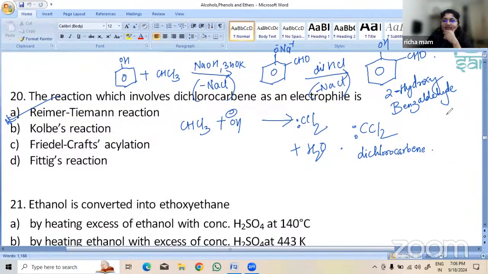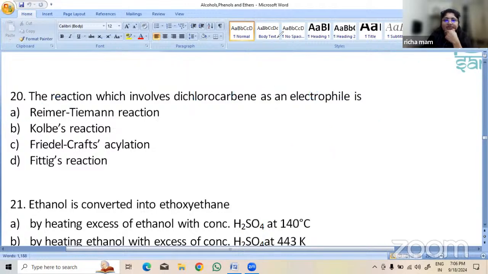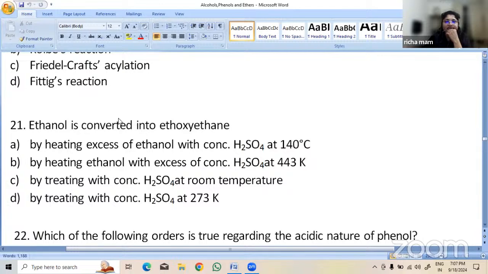So option number A is the correct answer. Who all have answered it as A? Yes, very good, Amulya has also answered. Okay, let us go for the next one. These are name reactions, very important for theory as well as applicative type questions, which are asked in your CET. Let us go for the next one.